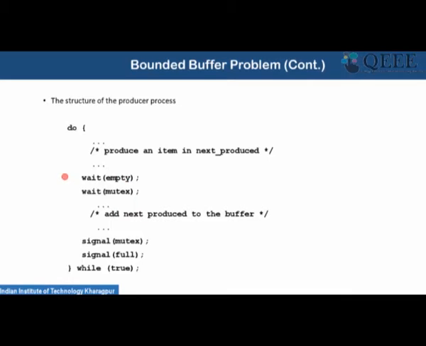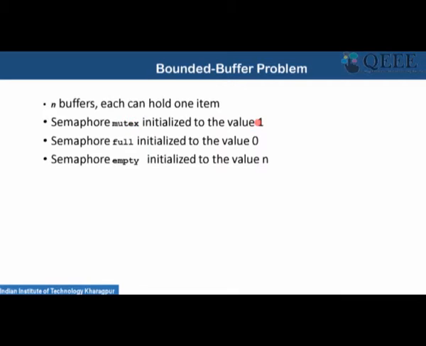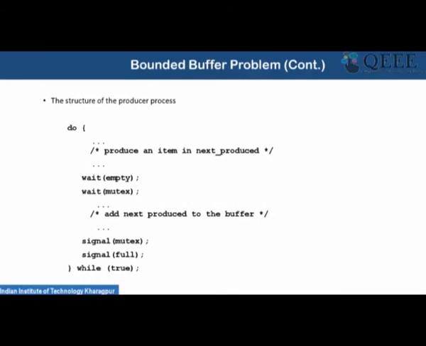If so, it directly comes to the mutex semaphore, which ensures mutual exclusion for the critical section. Here the critical section is producing the next item, adding it to the buffer and incrementing the counter variable. While a producer is doing this, no other producer or consumer should execute that section. The mutex is a binary semaphore initialized to 1, so one producer can enter.